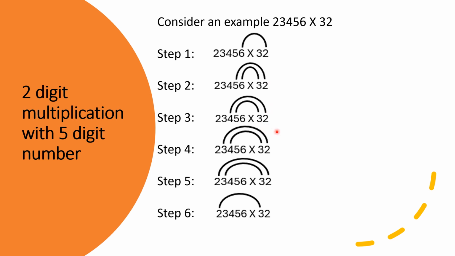So in the third step we are just shifting the pair to 4 5, and in the fourth step we are shifting the pair towards 3 4, and in the fifth step we are shifting the pair towards 2 3, and in the last step we have a single pair of 2 into 3. This is how you will have to calculate the steps, and you will have to obtain the steps in order to complete your multiplication.